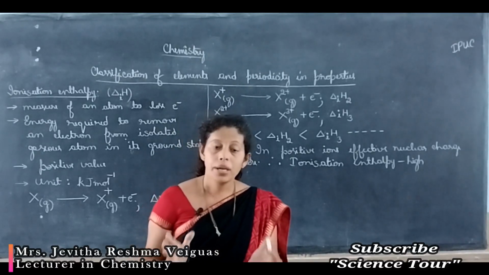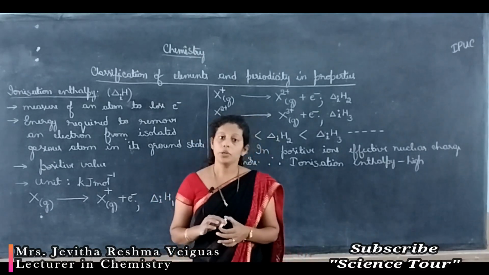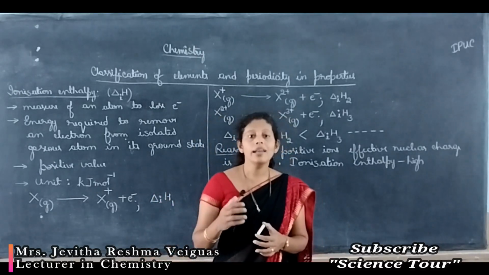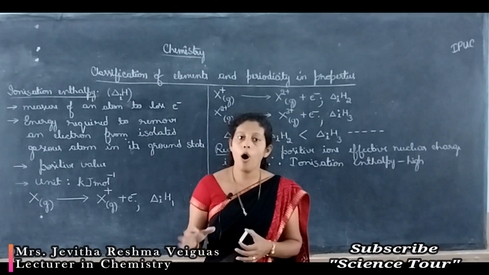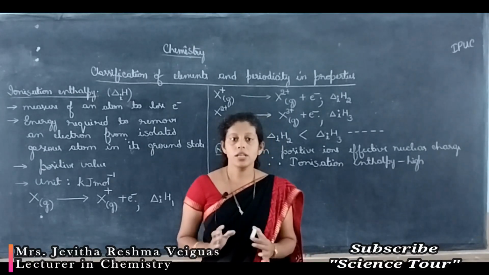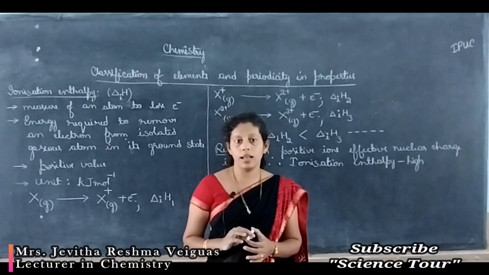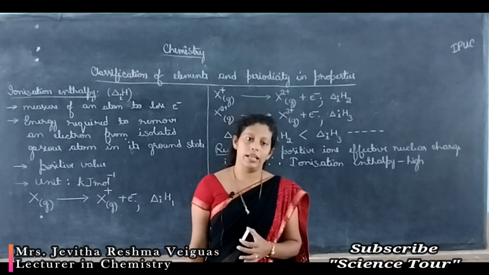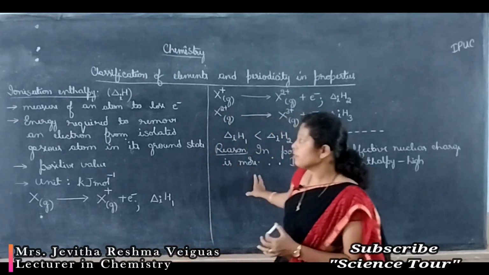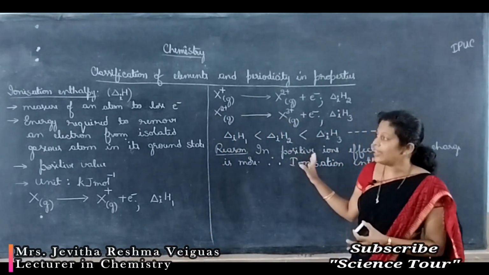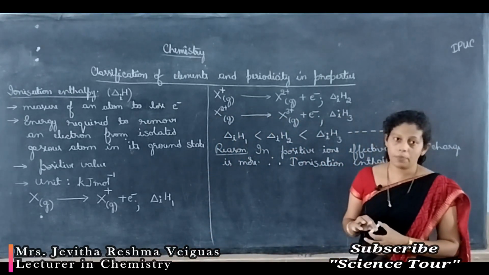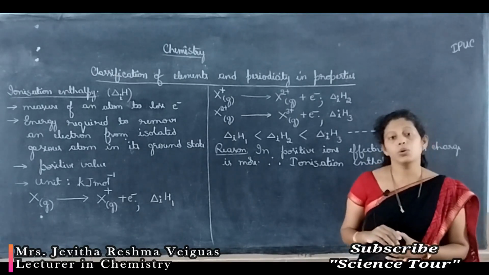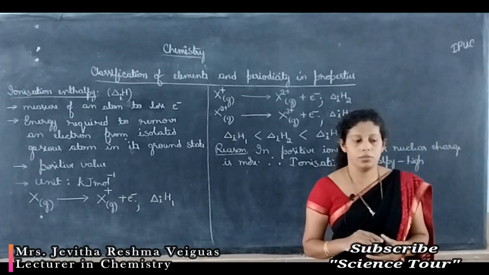So based on ionization enthalpy, you can judge whether an atom loses electron easily or not. Always, low ionization enthalpy leads to easy removal of electrons. So this is how you can relate ionization enthalpy with the tendency to lose electron by an atom.